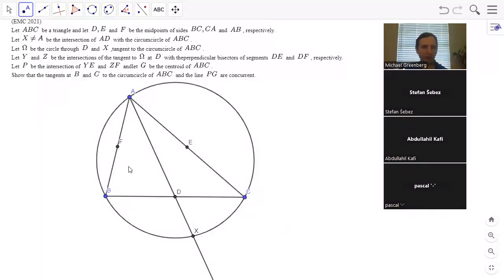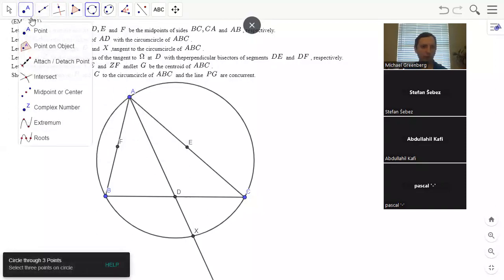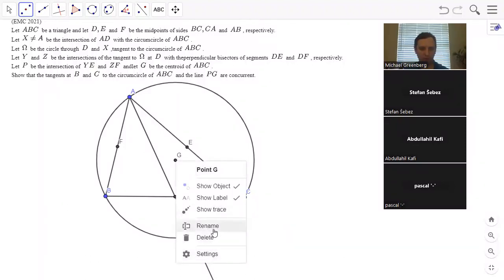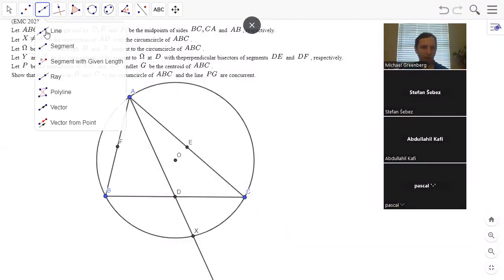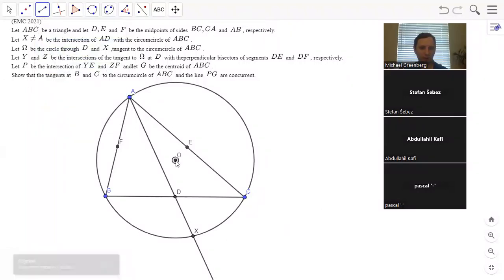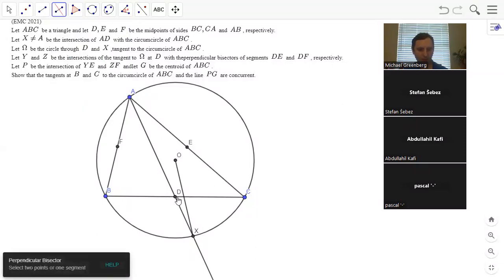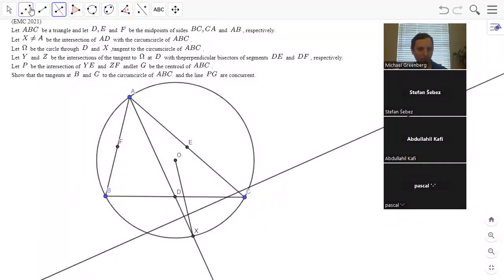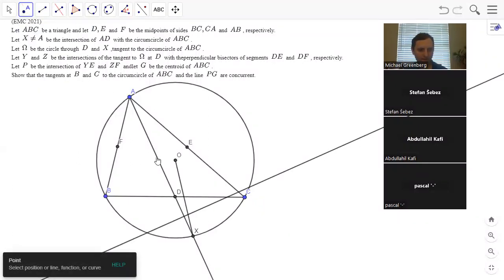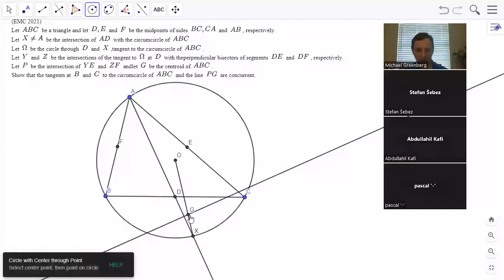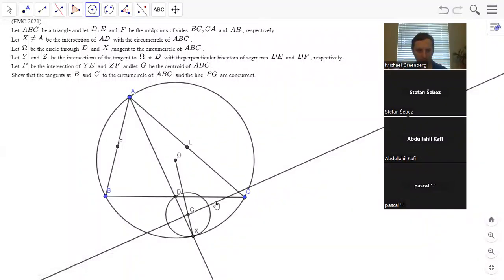Then we draw the circle through D and X tangent to ABC. So let's think about how to do this. So if it's tangent, we want the center to be on here. Basically, we want to do this. So it would be this circle, centered at G. And hide this.